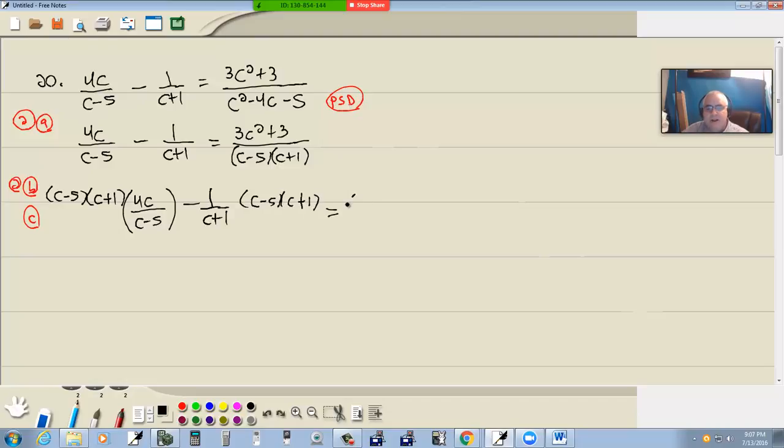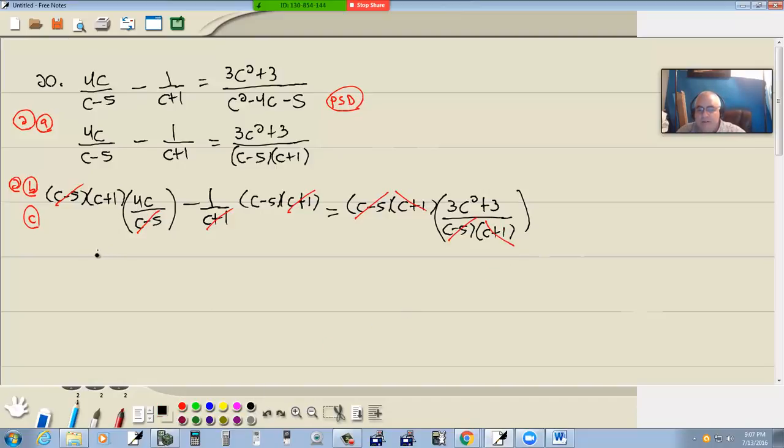And we'll multiply it times the fraction on the right side. This c minus 5 cancels that c minus 5. This c plus 1 cancels that c plus 1. This c minus 5 cancels that c minus 5. And this c plus 1 cancels that c plus 1.